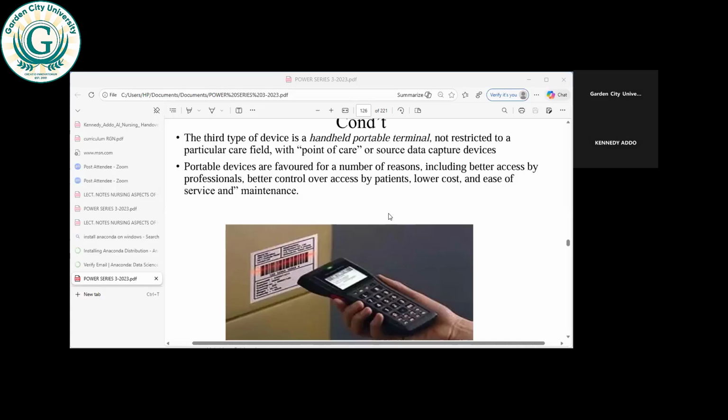Rather, this one is compounding the already tedious process of documentation. That is the major setback here. So if you want to follow the standard practice, we want to make sure everything is done on the spot before we leave the patient bedside. So they all serve the original intended purpose, but we want to enhance care delivery.